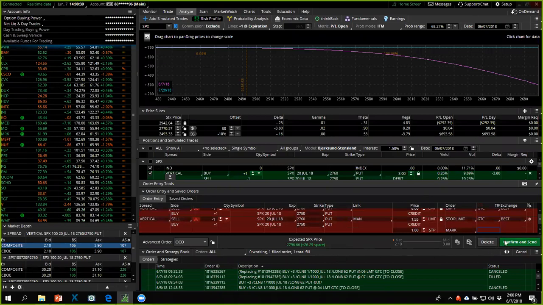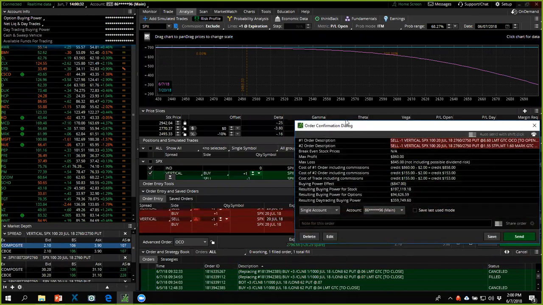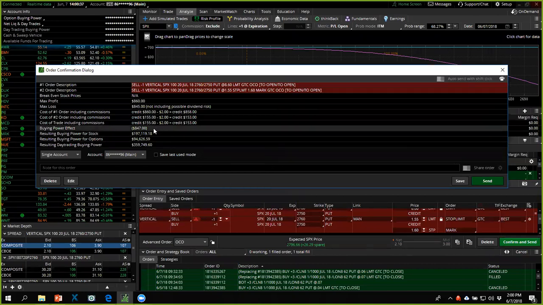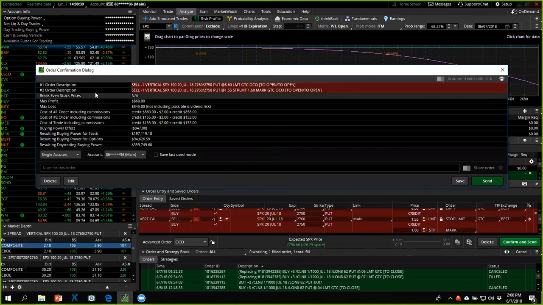So we're going to hit confirm and send, and look carefully at what they tell us here. Two orders. Sell the vertical for $1.55 stop, limit $1.60. So I got them backwards. Maybe I didn't get them backwards. I always have trouble with this, and I always watch this very carefully.